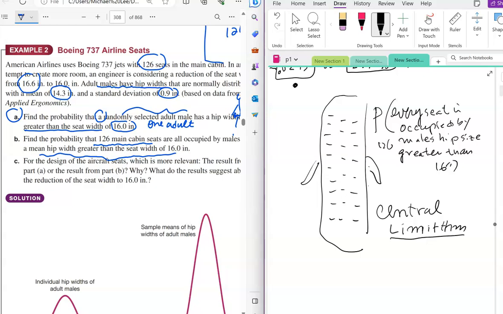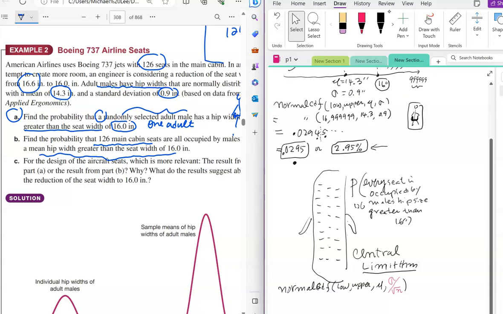The central limit theorem says normal CDF, low, upper, mu, and then for the next one I'm going to change sigma to sigma divided by the square root of n. That's how it's going to change. Okay, compare that formula with this formula.